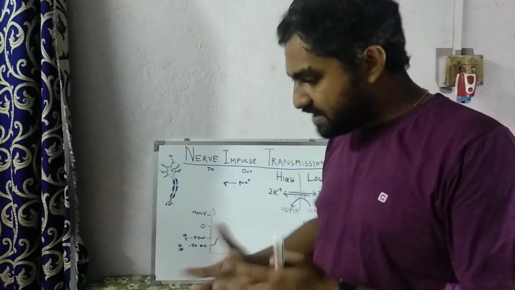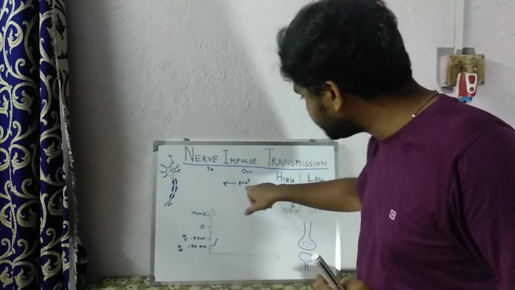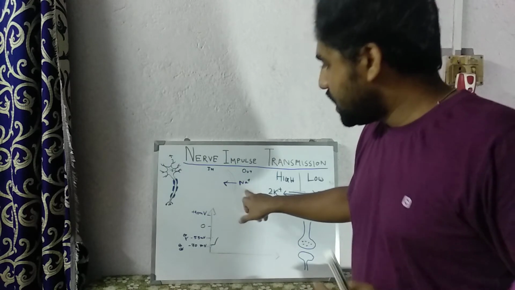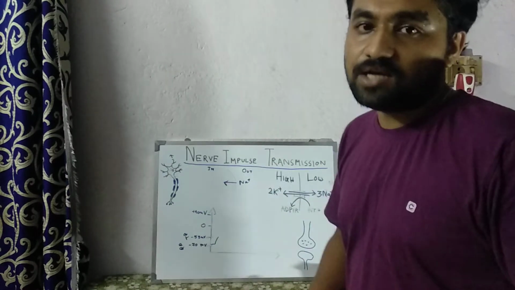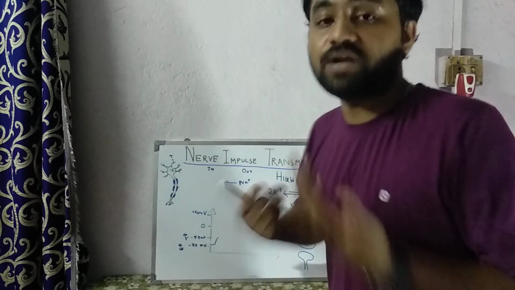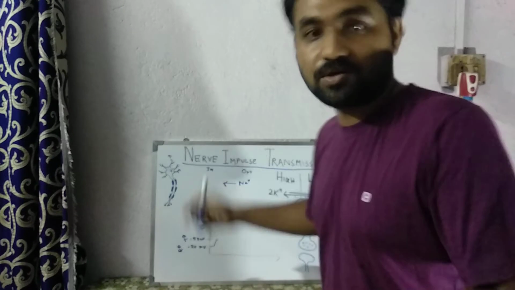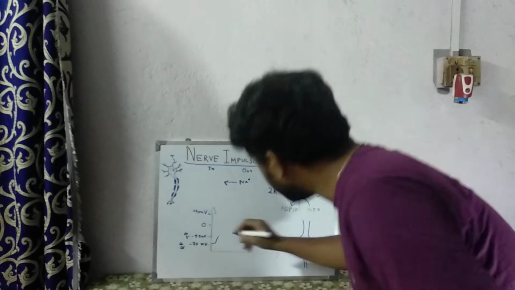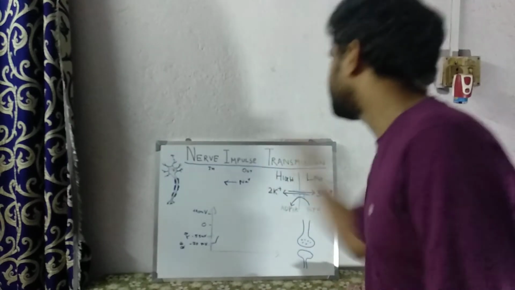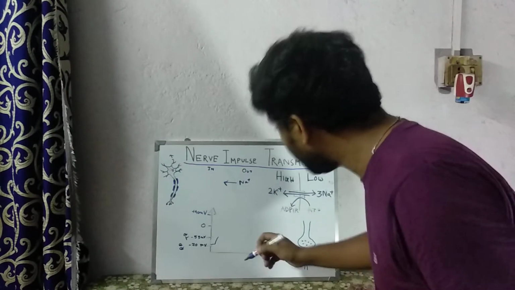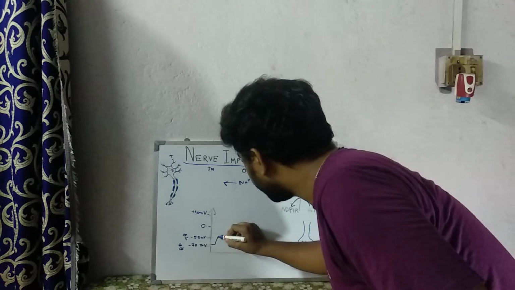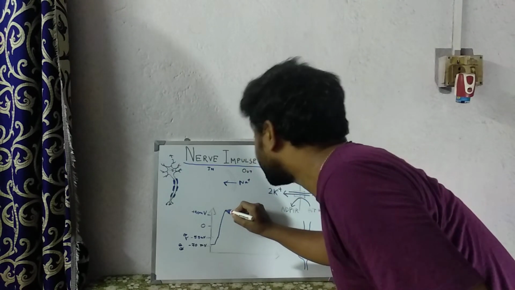When there is an inside negative membrane potential and a positively charged ion rushes in, this naturally results in depolarizing the cell, that is, moving the membrane potential towards positive. This continues as sodium ions rush in until the membrane reaches a potential of plus 40 millivolts.